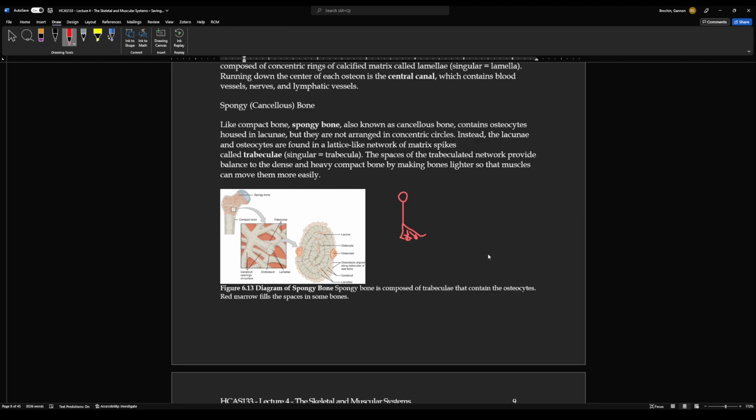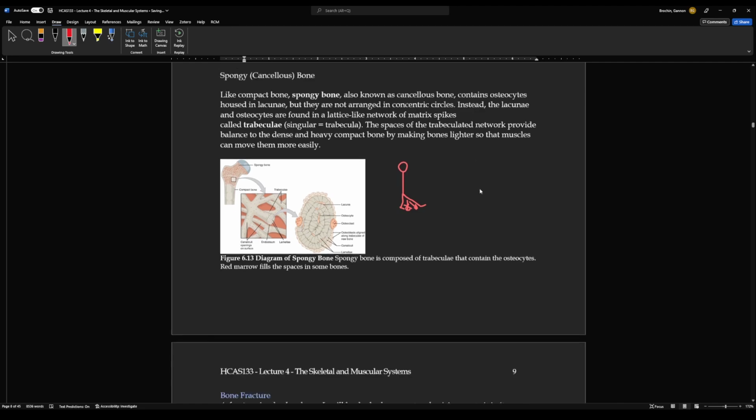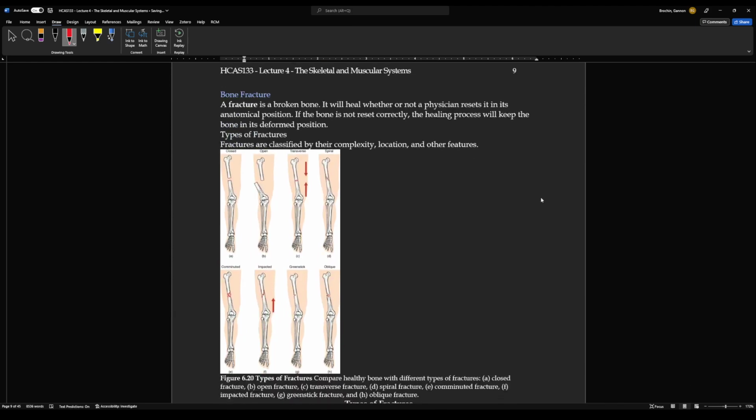It's very important then that we have trabeculae because this allows us to adapt and strengthen bone in these non up and down directions.